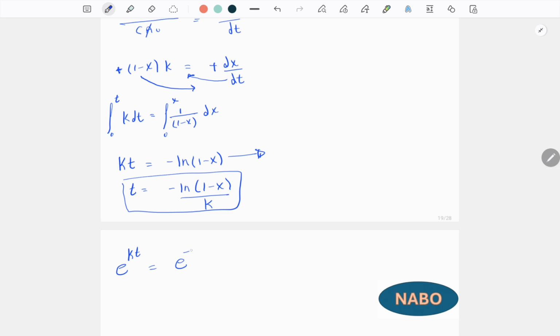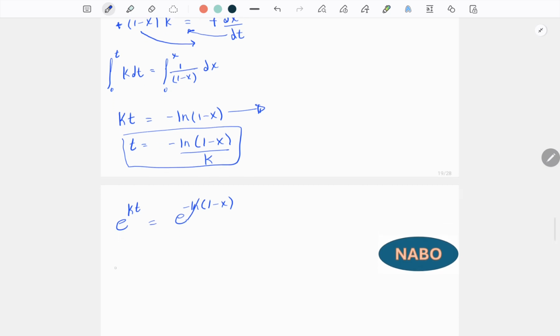The right side will be e to the negative ln 1 minus x. The ln will cancel out. You'll be left with e to the power of negative kt equals 1 minus x.